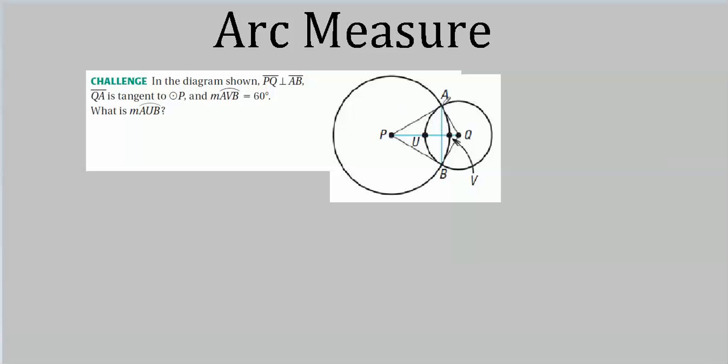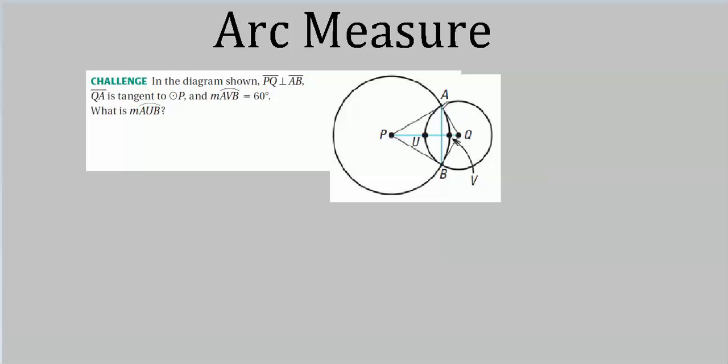QA is tangent to circle P. That's the line from the center of the circle to A here. Well, remember from a previous section, like the last one, the two tangents drawn from a point outside the circle to the circle have to be congruent.